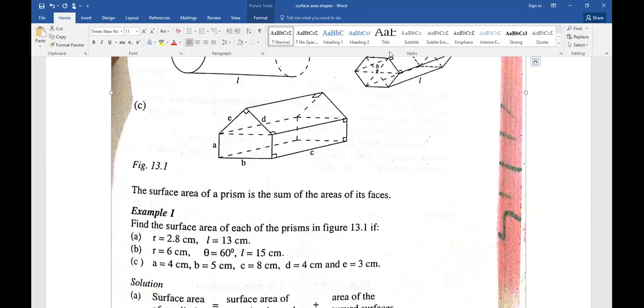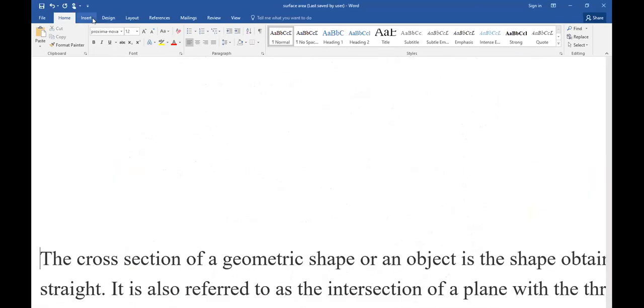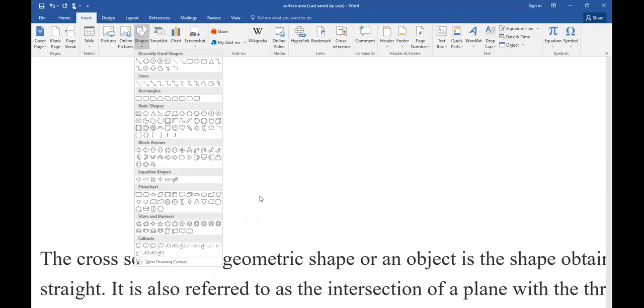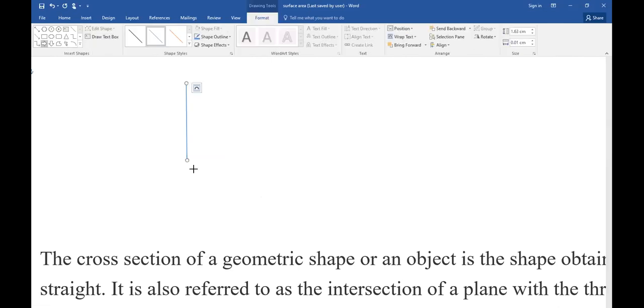So I'll insert a right angled triangle and then draw the shape. I'm just going to draw it instead of having it already drawn.